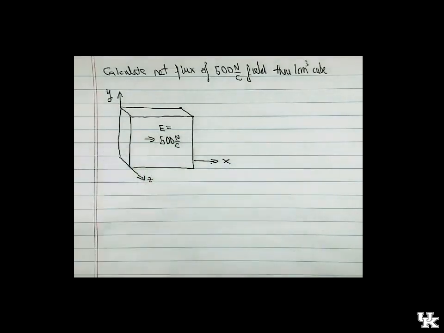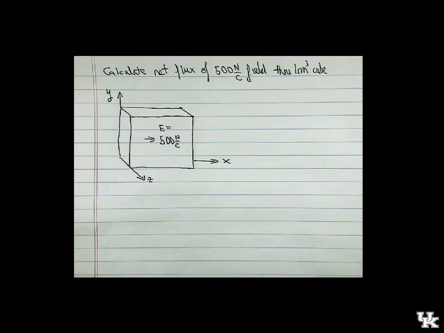Remember, it's 1 centimeter by 1 centimeter by 1 centimeter, in this field that's 500 newtons per coulomb, pointing in the positive x direction. We want to calculate the total flux, the net flux through the cube. How am I going to do that? First thing is that I'm going to do it in steps.